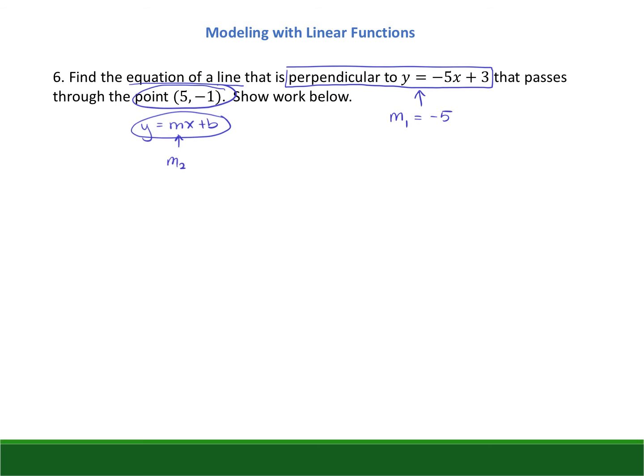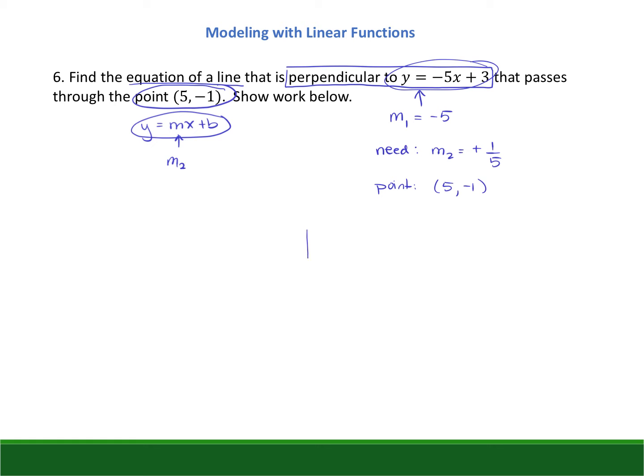If the line that we're trying to write is going to be perpendicular to this line, whose slope is negative 5, then I need a line that has a slope that is the negative reciprocal of that. So the negative reciprocal of negative 5 is going to be positive 1 over 5. And then our line also is going to go through the point 5 comma negative 1.